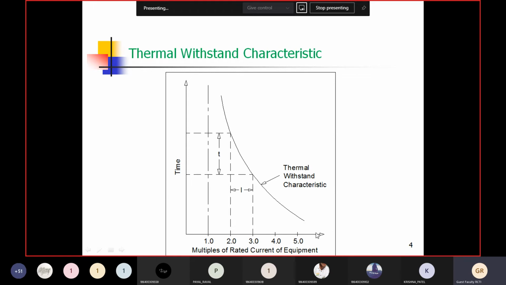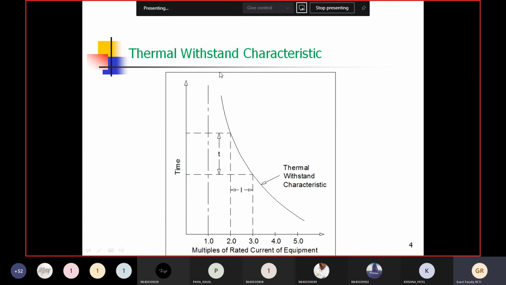If you increase the current to multiple times, it is called short circuit, and if you extend this curve, it will try to reach 0. It means you will have to operate the relay as fast as possible. If the current is more than 5 times, what happens? You are required to operate at a very fast rate, because the withstand capacity of the motor is reduced to tend to 0 to a great extent.